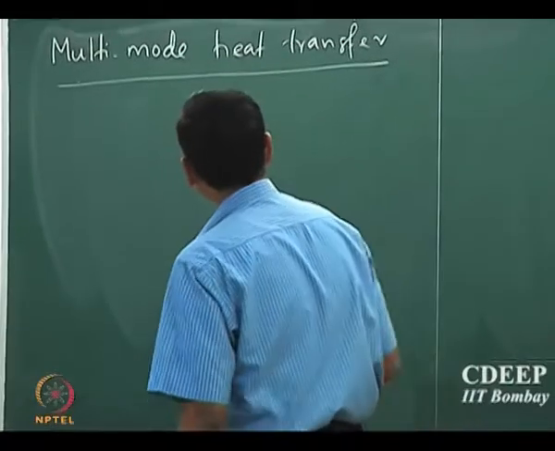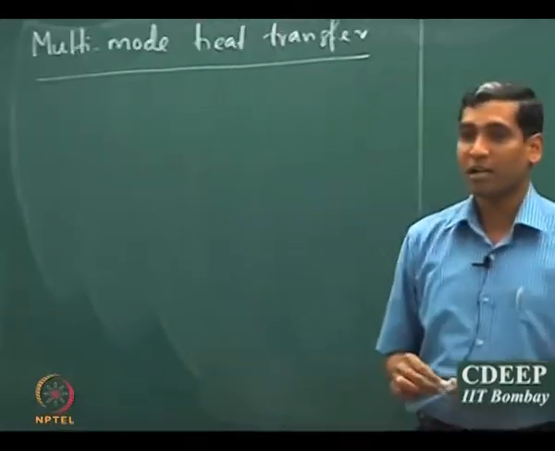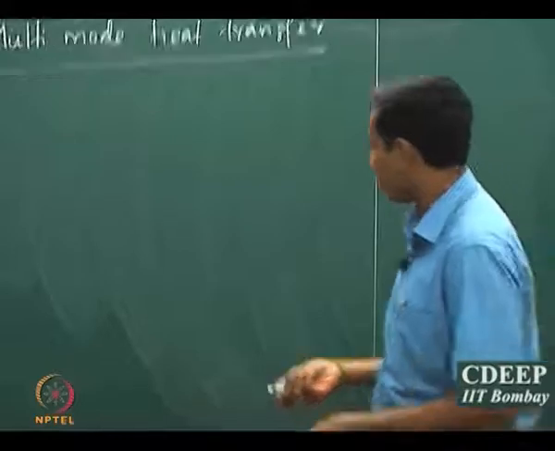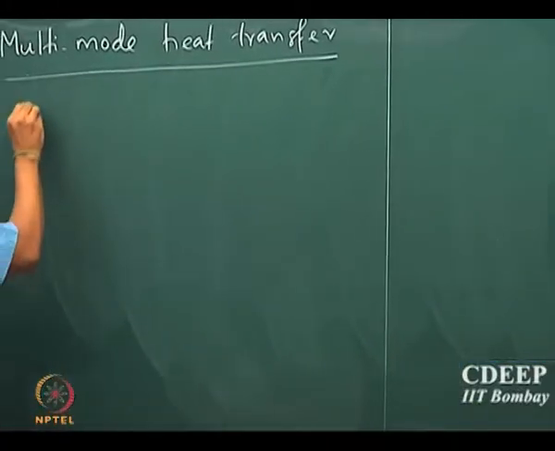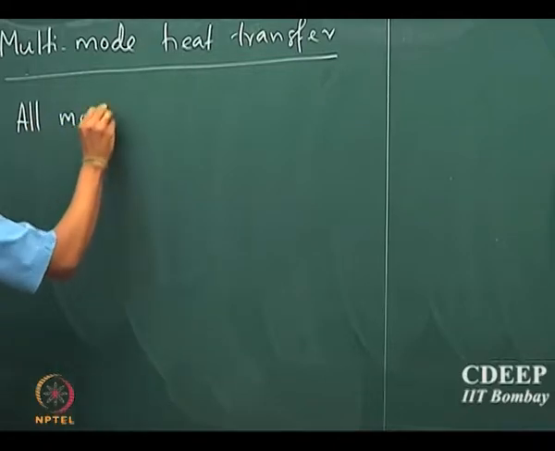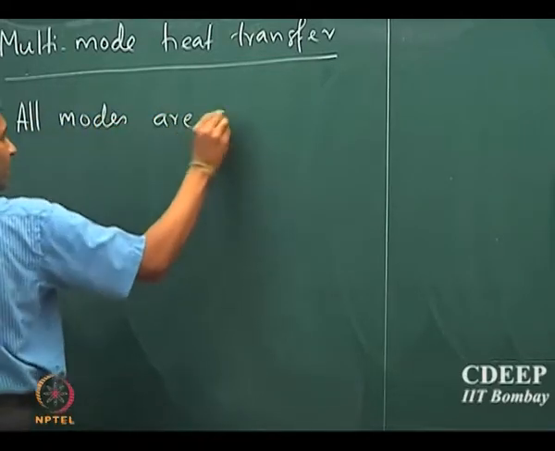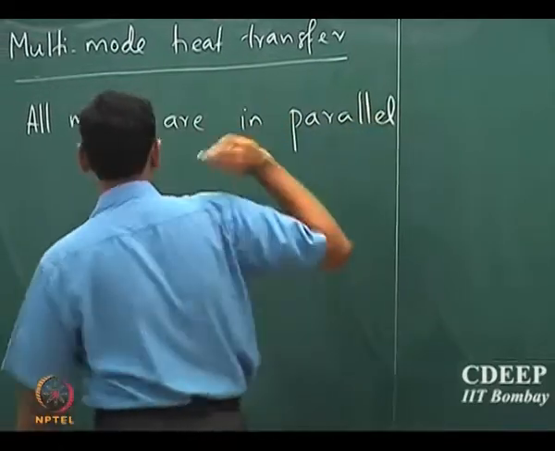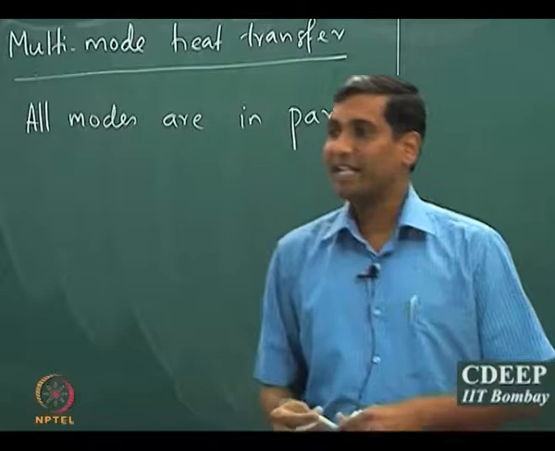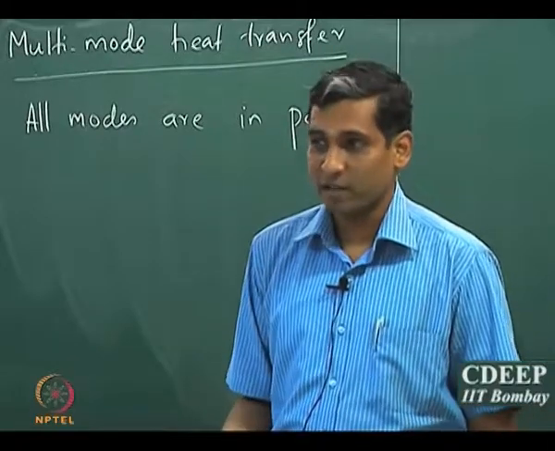If all three heat transfer modes are occurring simultaneously through a surface, then essentially all modes are in parallel. That is the first thing, because these are independent modes of heat transfer.